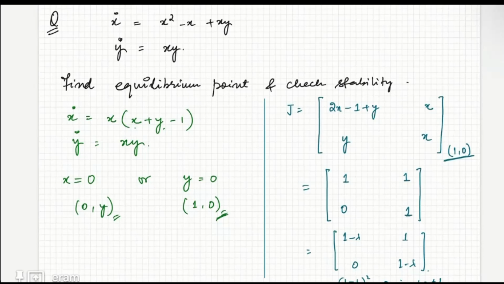If I start at the equilibrium point, that means the dynamics is 0 at that point. So I will not have any dynamics, I will stay there forever. But if I start in the neighborhood of this equilibrium point (1, 0), I will move away from it, because the eigenvalues at that equilibrium point are positive.